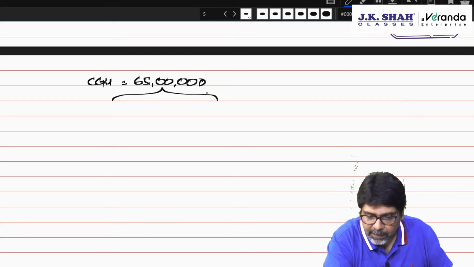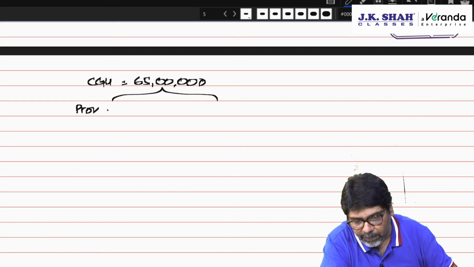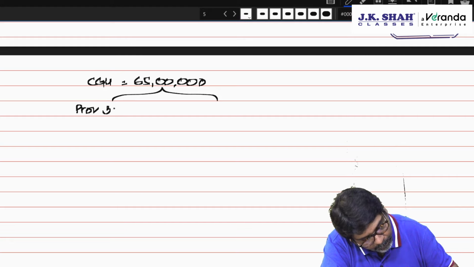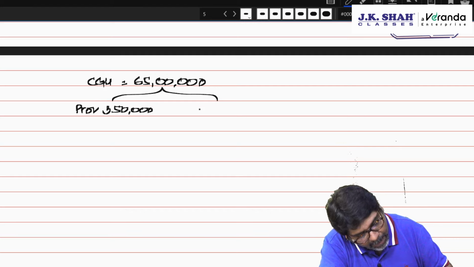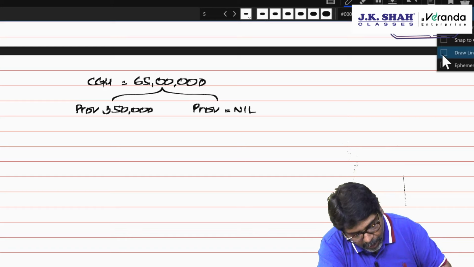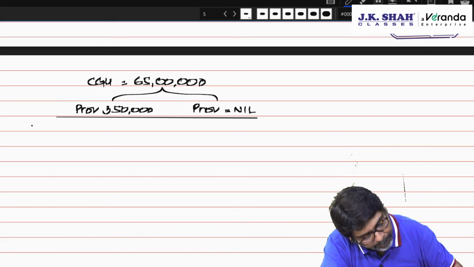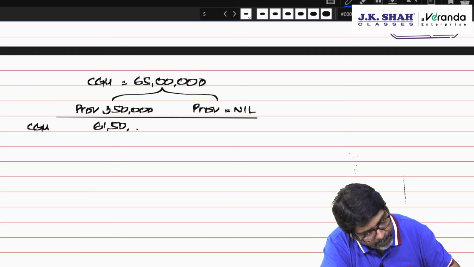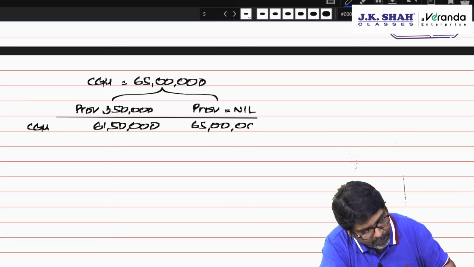One is a provision of 3.5 lakhs, this is with restructuring, and otherwise the provision is nil. Am I clear? Now chartered, if there is a provision, the net CGU value is 61,50,000, and otherwise the CGU value is 65 lakhs.